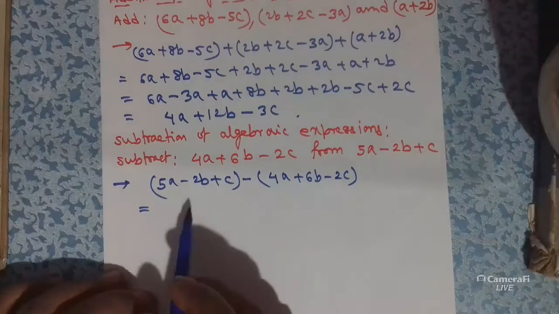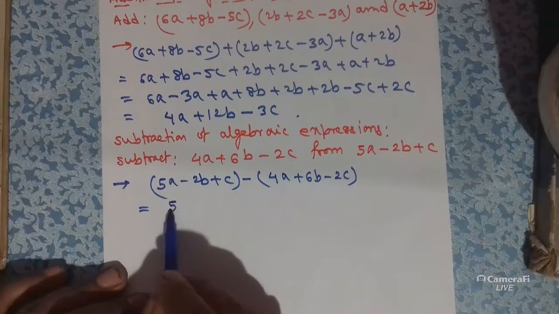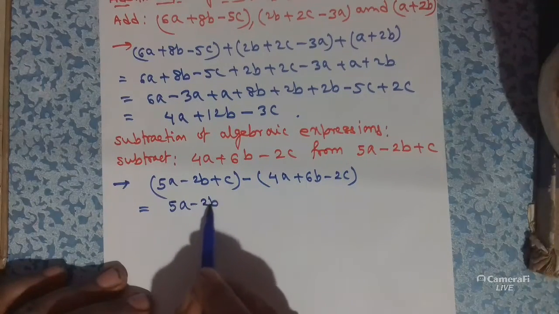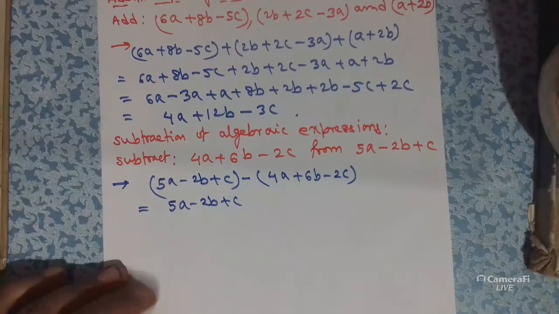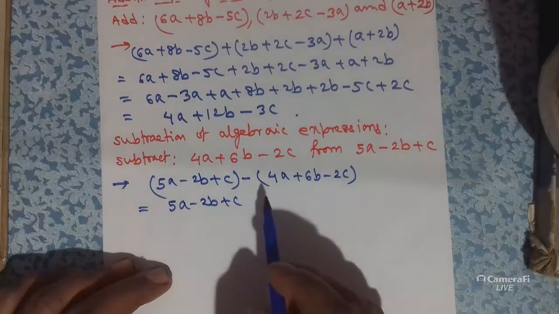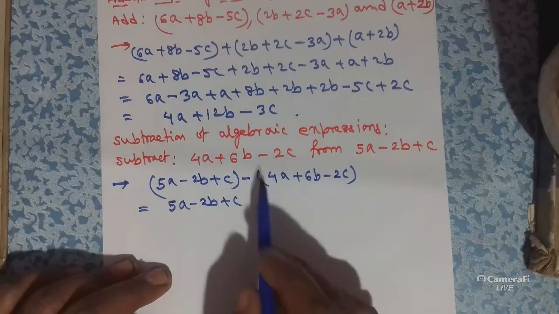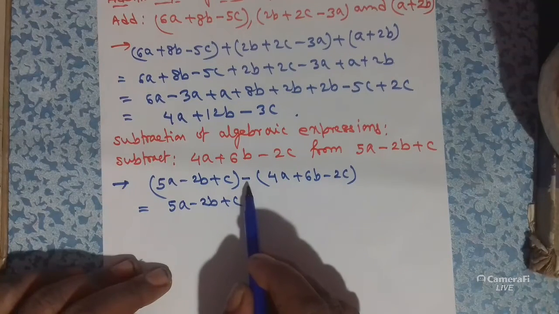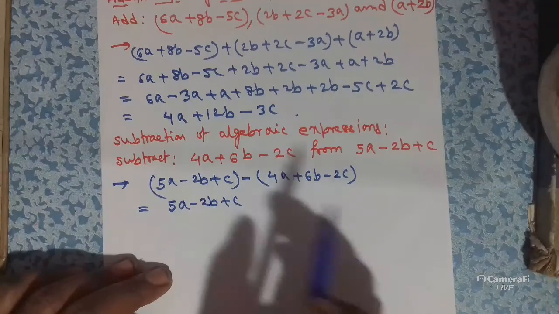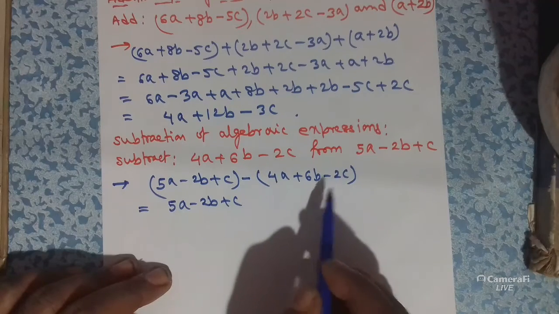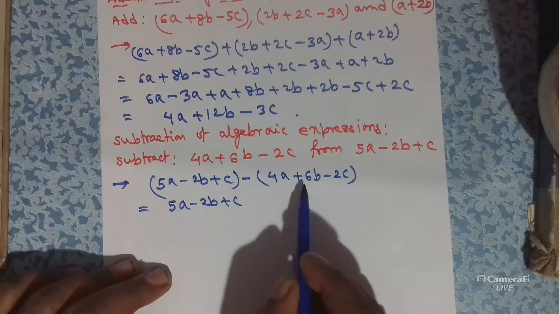Now after this we have to remove the brackets. So here 5a minus 2b plus c, and then the three terms come after the minus sign, that means the negative sign. So when we remove this bracket we have to multiply the signs also.